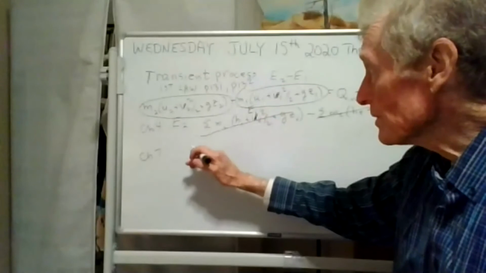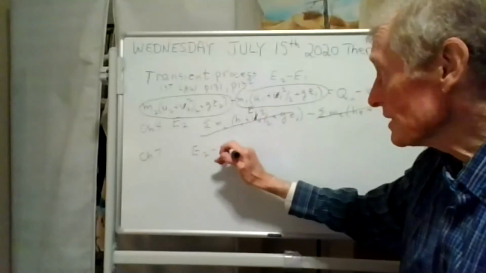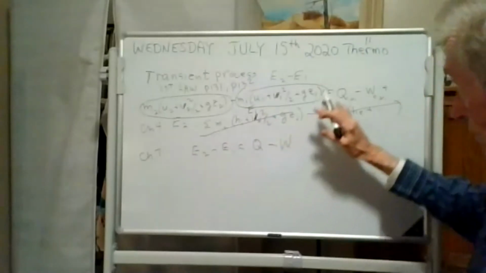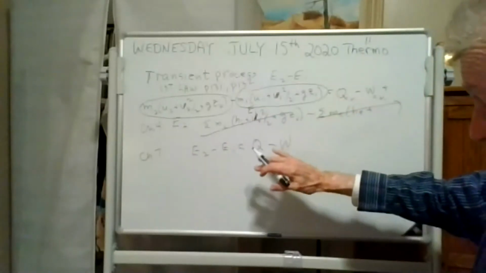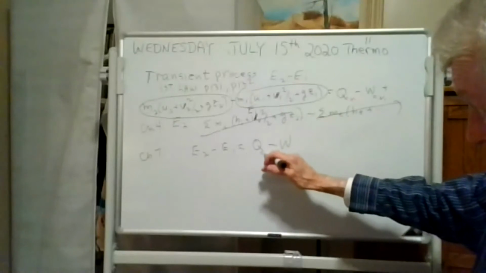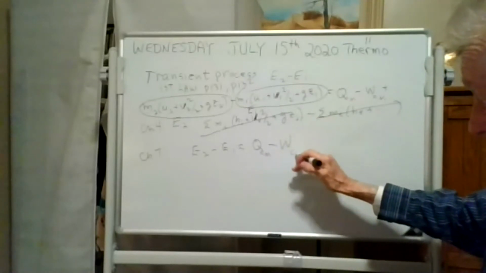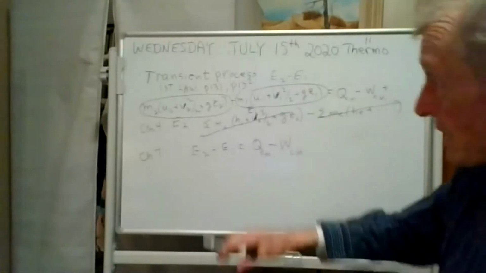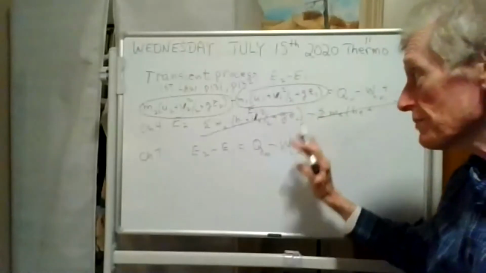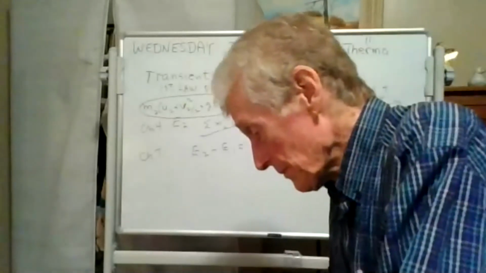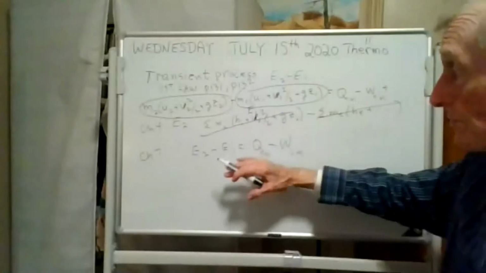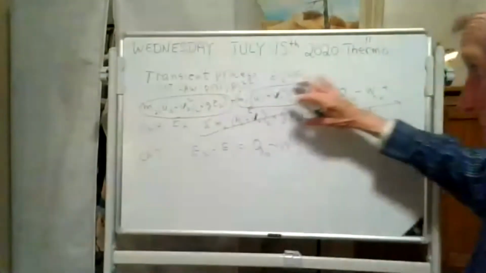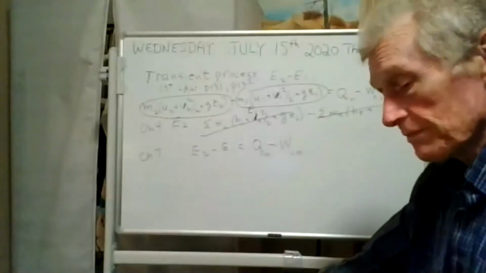So you wind up with E2 minus E1 equals Q minus W. It's no longer a control volume though, it's a control mass because we got rid of the incoming and exiting terms. So this fancy big equation reduces down to the first law for control masses. I call this the granddaddy of all the first laws.